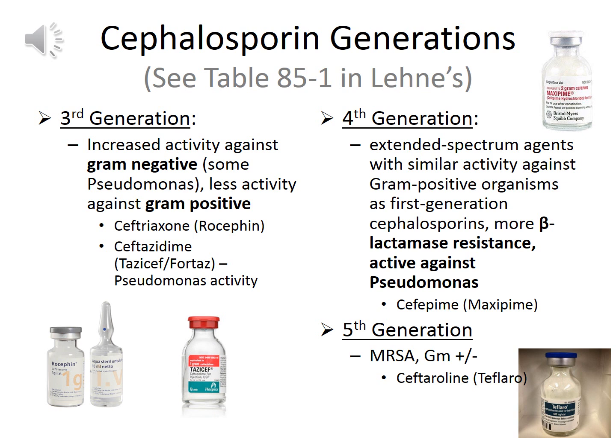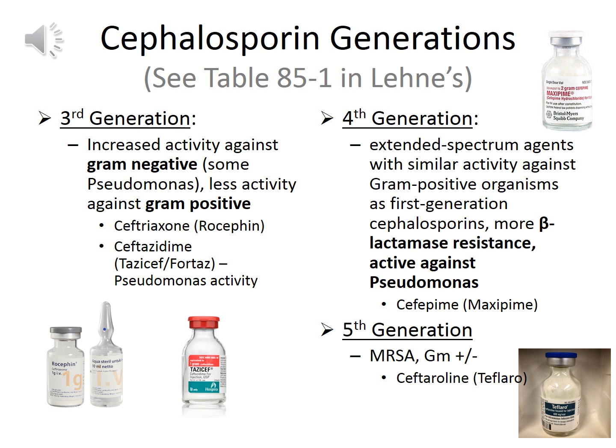So if we have penicillinase-producing bacteria, these antibiotics are more effective against them. And they also maintain their activity against Pseudomonas, like we had with some of our third generations. An example of that would be cefepime, Maxipime is the brand name. And finally, our fifth generation. These are actually a few targets.